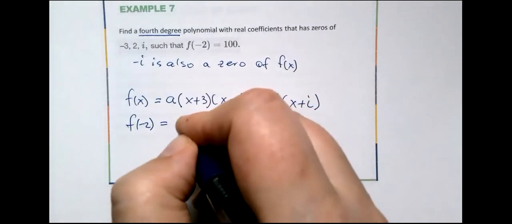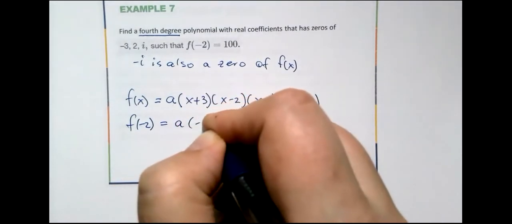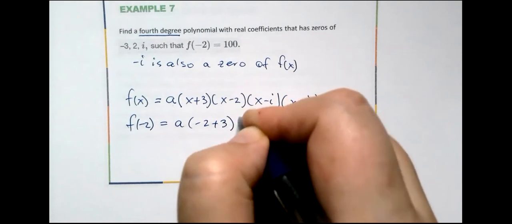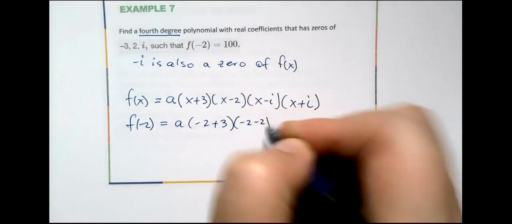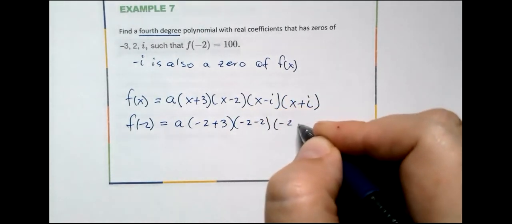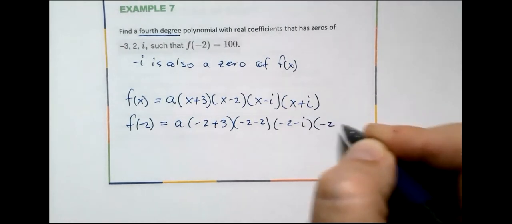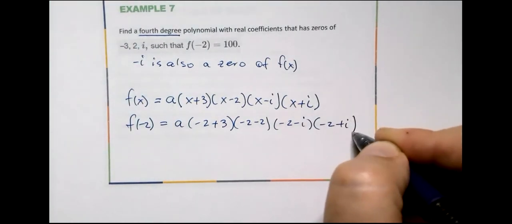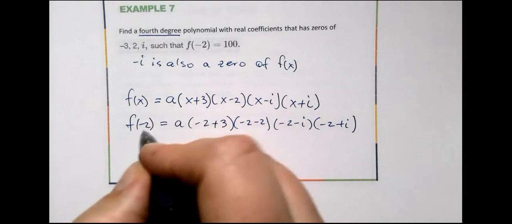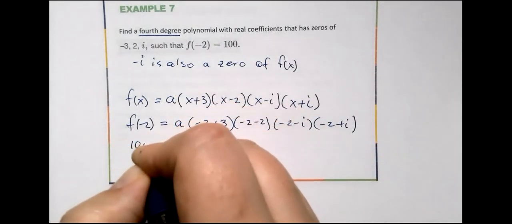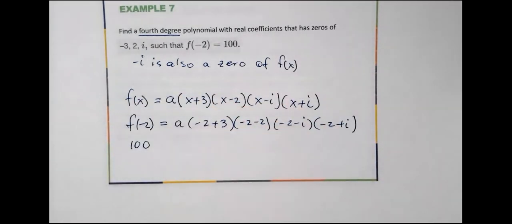And so it's going to be a, and then -2 plus 3, -2 minus 2, -2 minus i, and -2 plus i. Okay, so I know that f of -2 is 100, so I'm going to replace this with 100.